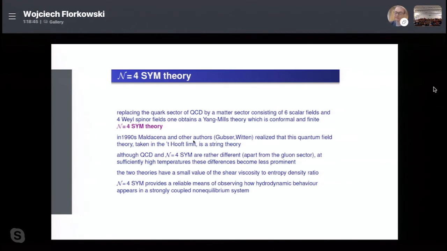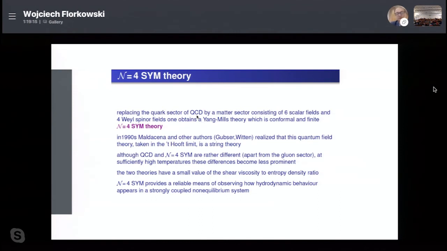So this became a very popular topic of theoretical research: one finds solutions on the gravity side and transforms them into solutions on the field theory side. This conformal field theory, which we say is dual to gravity, is actually not QCD.